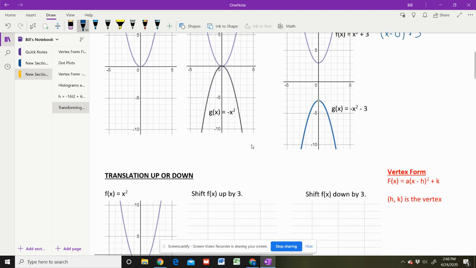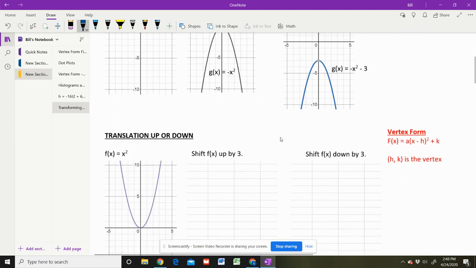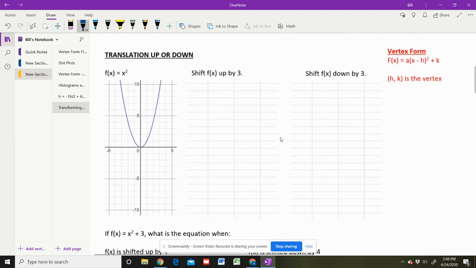So that's reflection. Now let's move down to doing a translation. Now we're going to start shifting the parabola up or down.